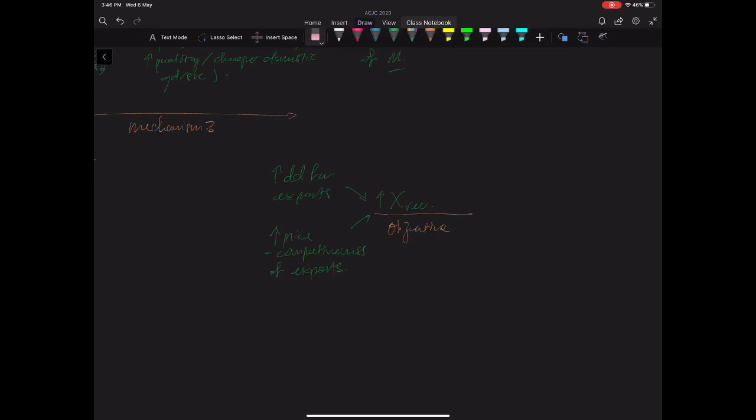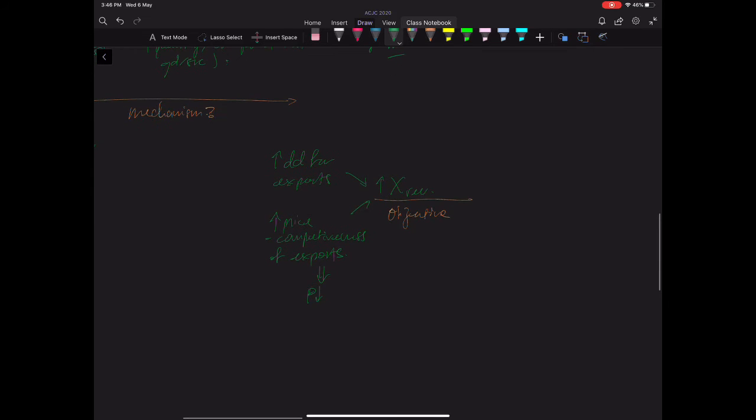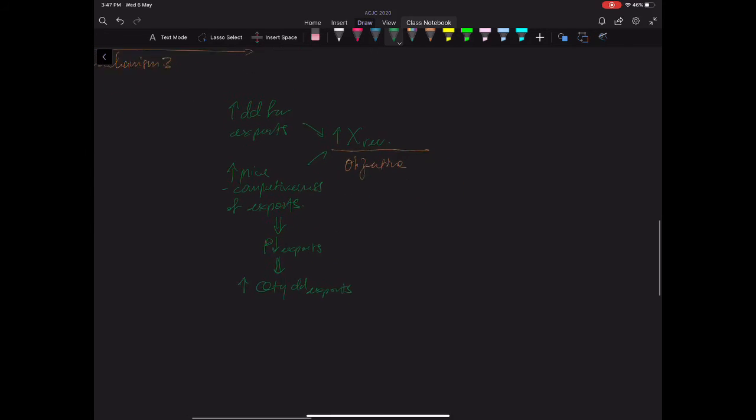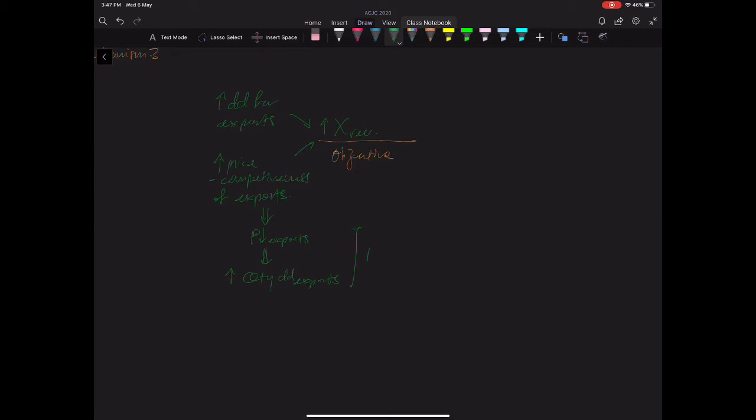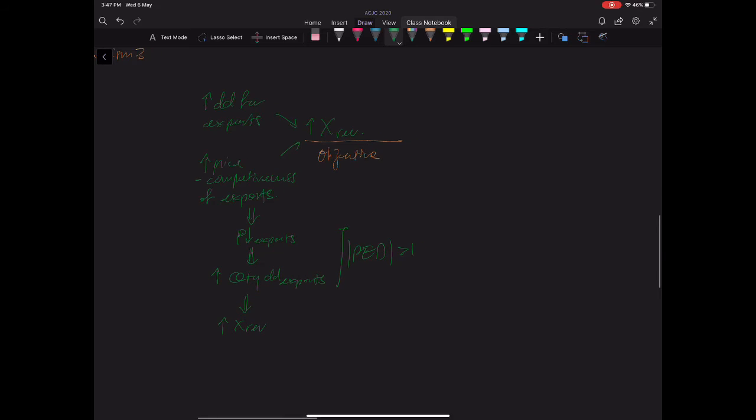Okay, price competitiveness is really just reducing the price of exports so that your quantity demanded of exports increase. Okay, and if you have a certain PED value, then it could be that your export revenue increases. What is the PED value that you will need? You can take some time to guess, but I'm just going to go through it for the interest of time. You need your PED to be more than 1.